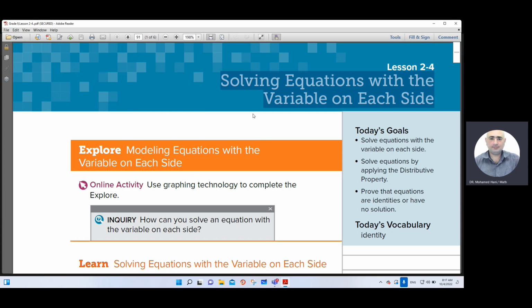In this lesson, we want to learn how to solve equations if we have the same variable on each side, and solve equations by applying the distributive property and prove the equations are identities or have no solutions.